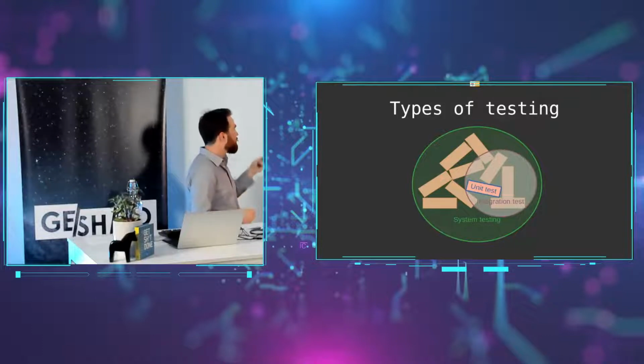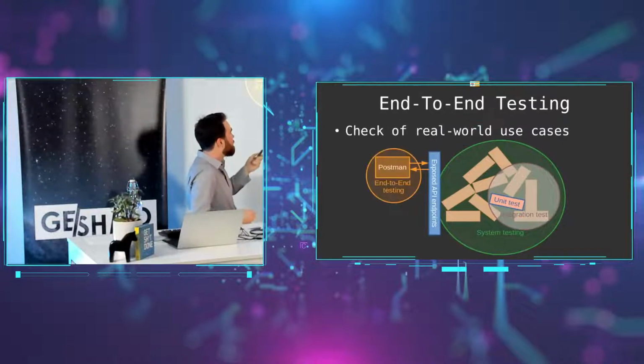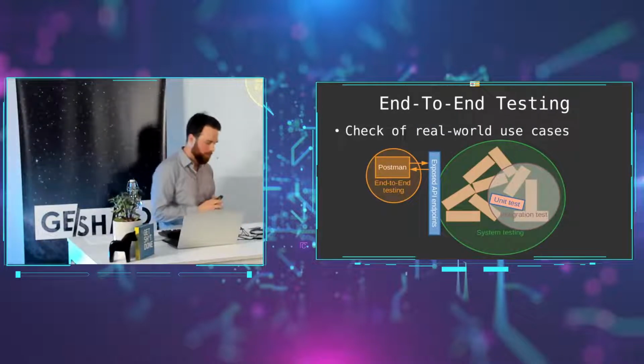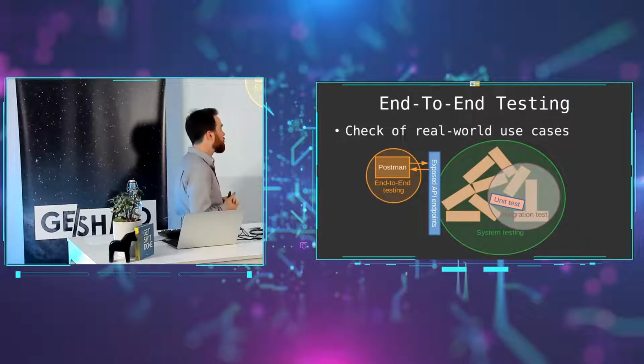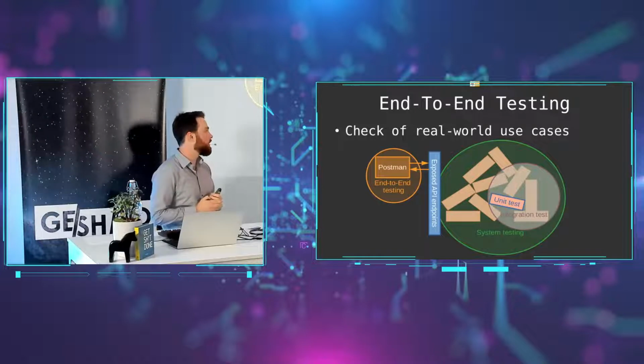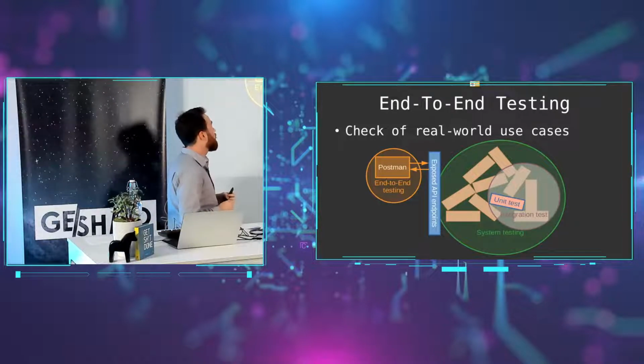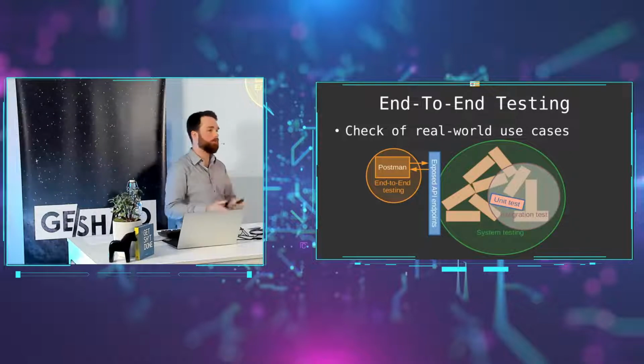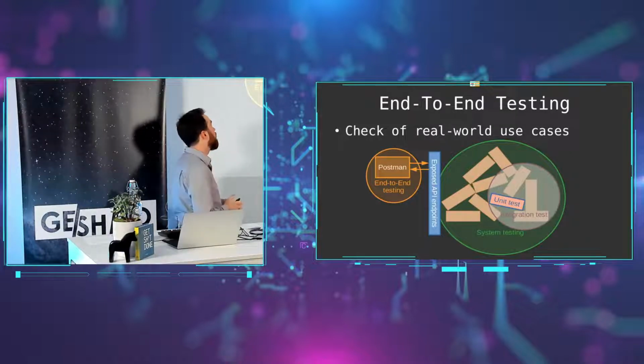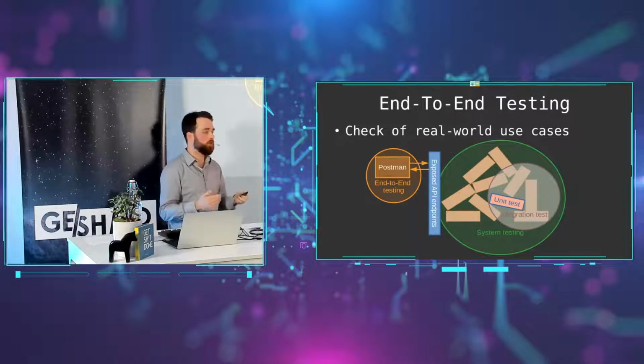But the part that I'm actually talking about is called end-to-end testing, or sometimes acceptance testing, which I'm going to present today, which I'm going to do here with Postman. And this is the step after system testing even, and it checks basically for the real world use cases.